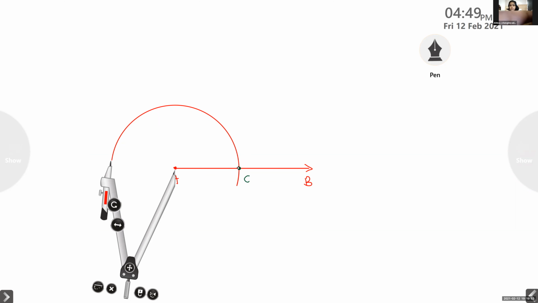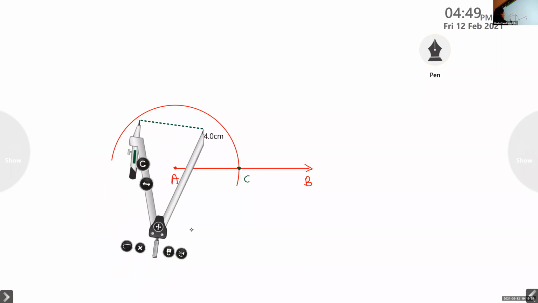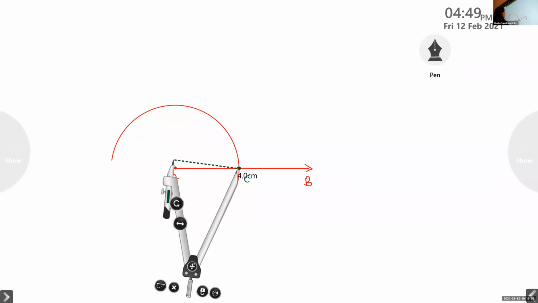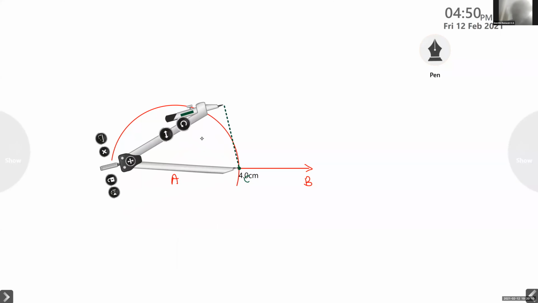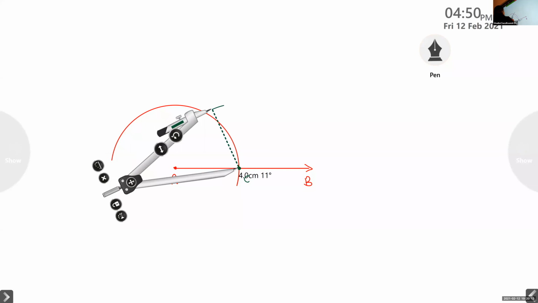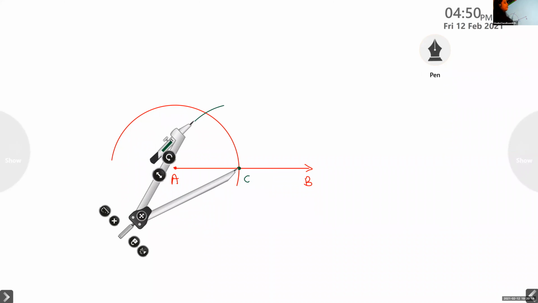Okay then. Now, how did you draw 60 degree? Same steps. For drawing 120, we should consider 60 degree first. Clear, children? So up to this we have drawn for 60 degree, right?